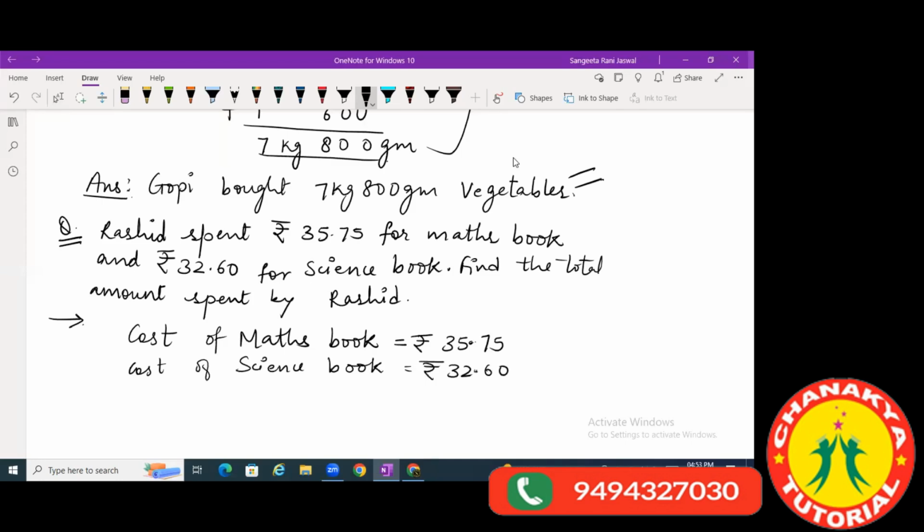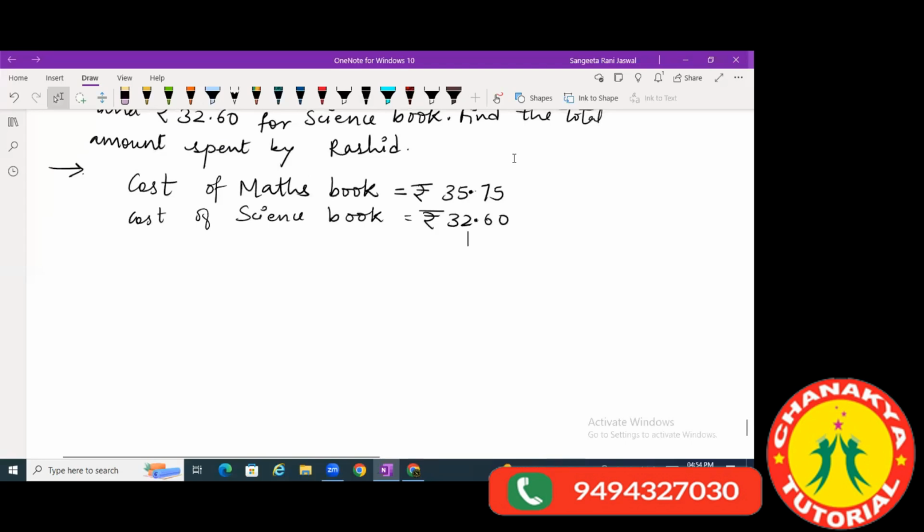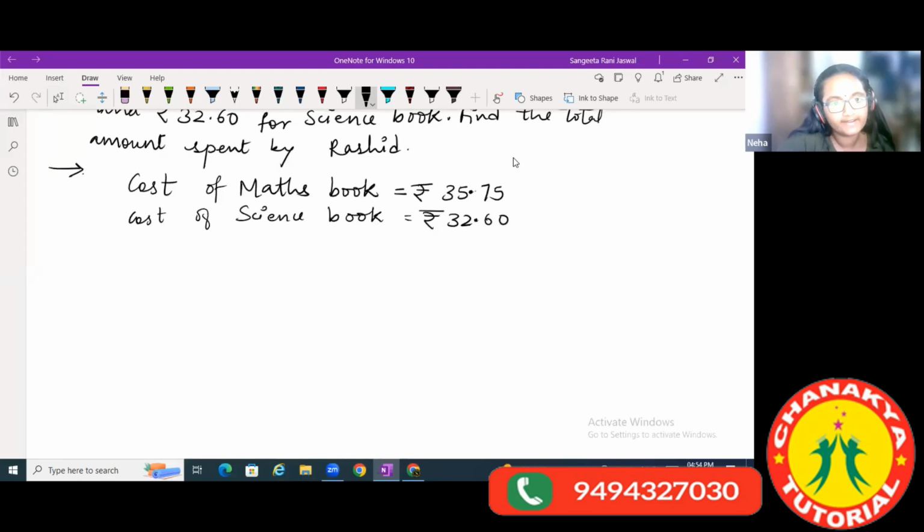This is the decimal point. So what will we do now? We are asked to find the total amount. So for the total amount, Neha, what will we do? Ma'am, we will write the total amount spent by Rashid.